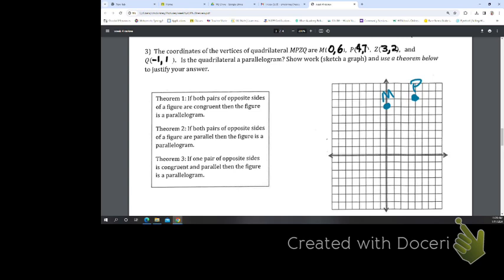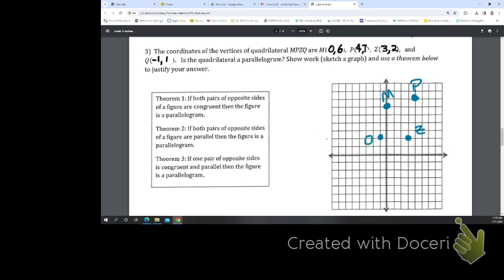Z is 3, 2. There's Z. And negative 1, 1. Is that Q? Yeah, Q.